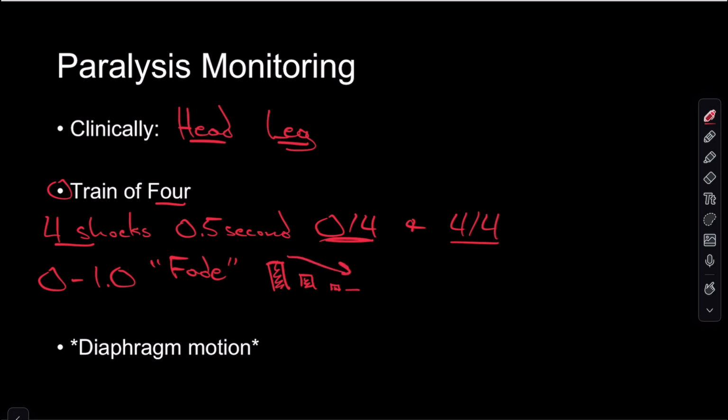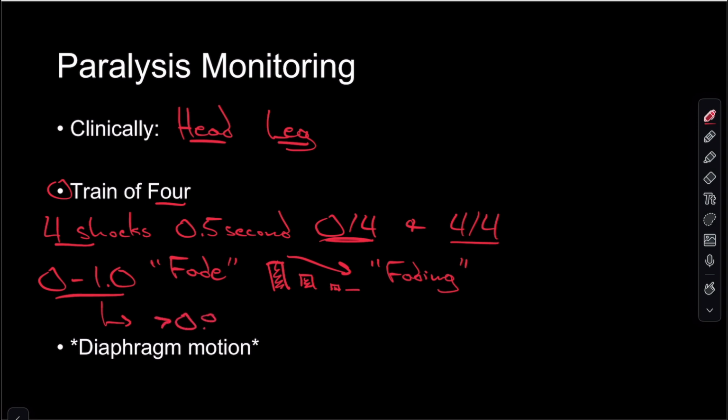So the strength of each spasm in response to the shock is fading. And then it'll use that to return a numerical value between 0 and 1. And if you have a train of 4 value from a quantitative monitor that's greater than or equal to 0.9, then that's sufficient evidence that the patient would be safe from a neuromuscular blockade perspective to be extubated.